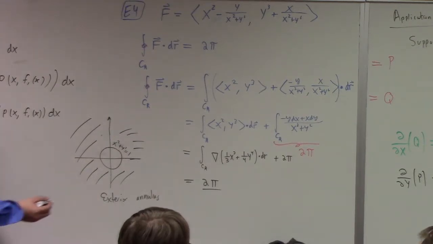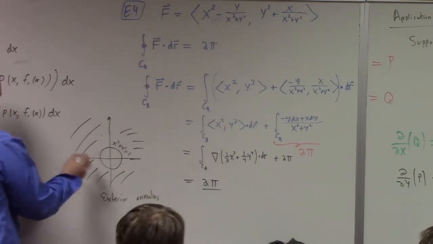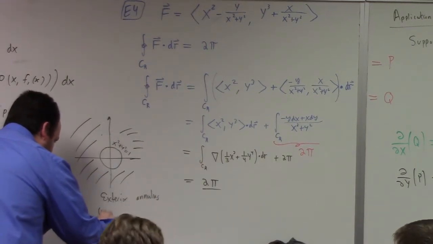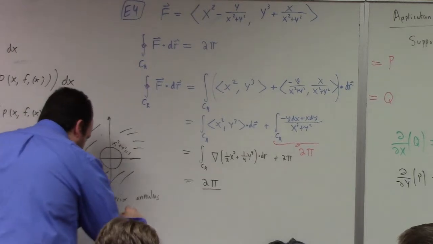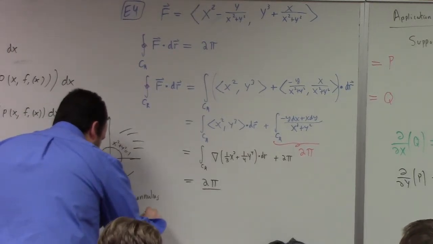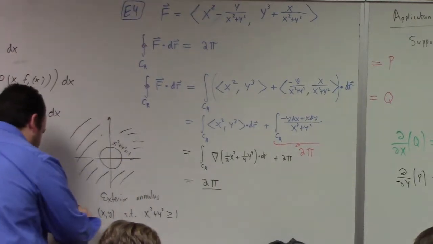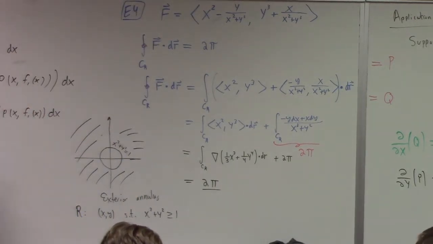I can be more specific here. It's x comma y such that x squared plus y squared is greater than or equal to 1. So this is the region that I'm talking about.